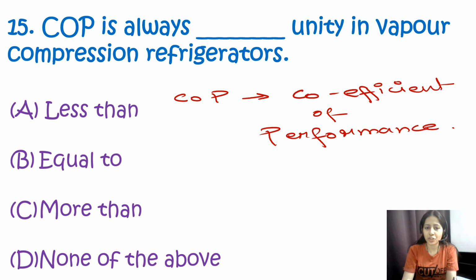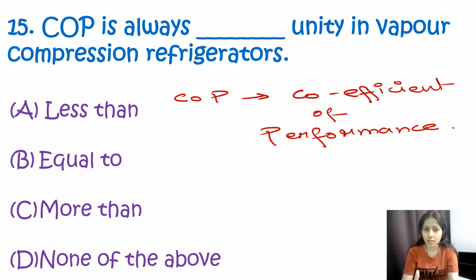This coefficient of performance basically represents the efficiency of the refrigeration cycle. Now this COP is defined as the ratio of the heat removed from the refrigerated space to the work input required to remove the heat.